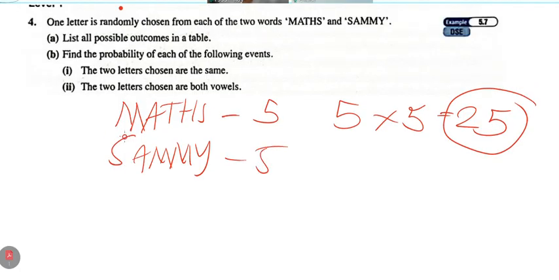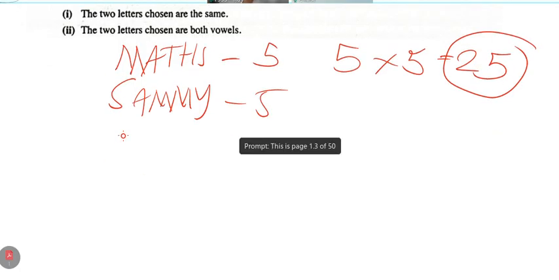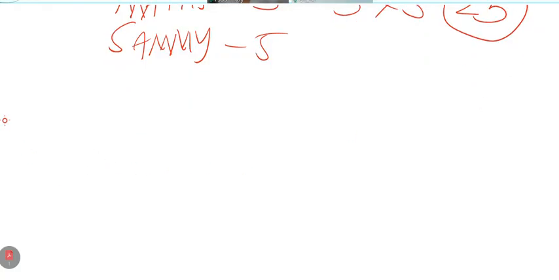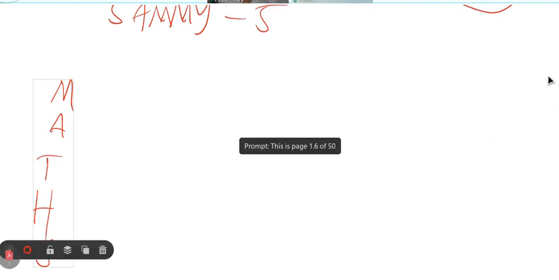Now, let's try to make a table of outcomes. Since we have the words SAMMY and MATHS, let's write down here, downward, MATHS, and the other one that we have is SAMMY.